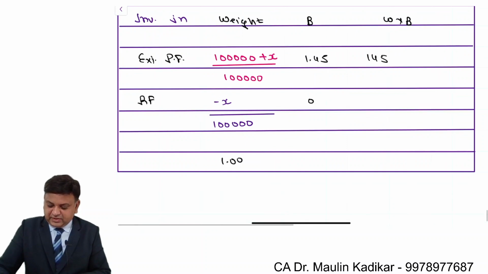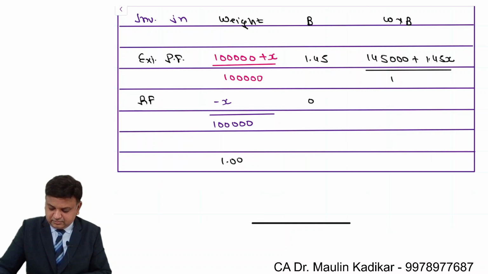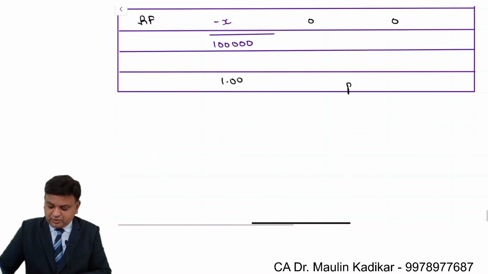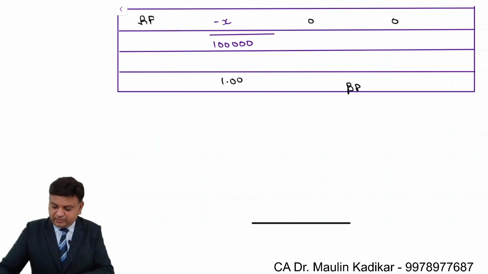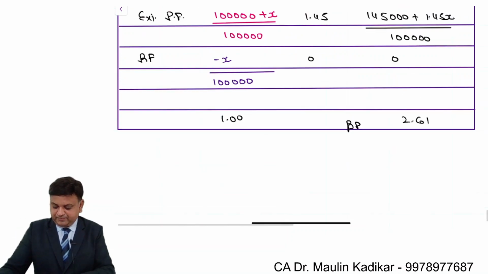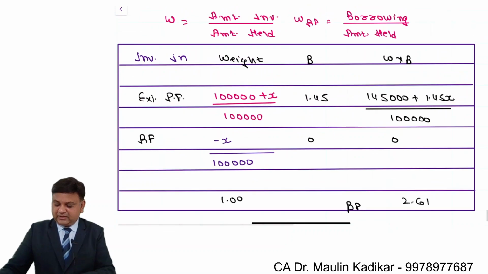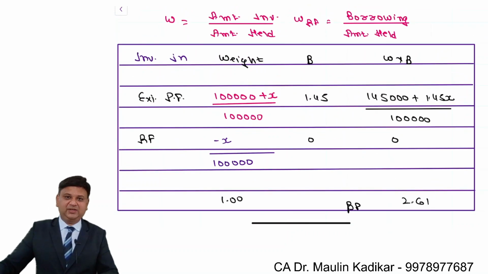Again, weight into beta. It is 1,45,000 plus 1.45x divided by 1 lakh. This is 0. Beta of the portfolio is the simple weighted average. What is the beta of the portfolio? Beta of the portfolio should be 2.61. And now we will compute the balancing figure.